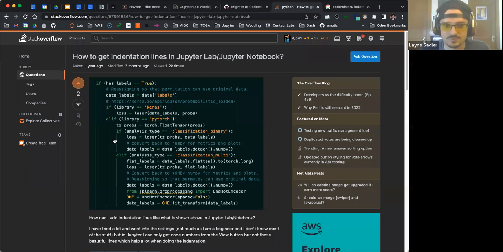Yeah, sure. So it's just kind of a question. So Jupyter doesn't have indentation guides, kind of like you see on the screen here, which, you know, for an IDE makes it feel less professional.